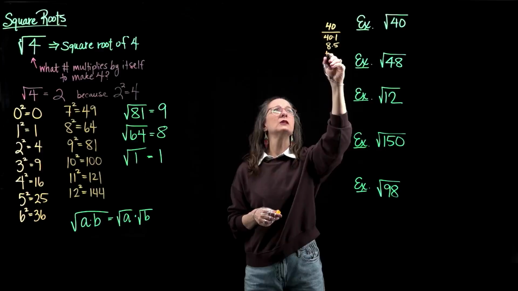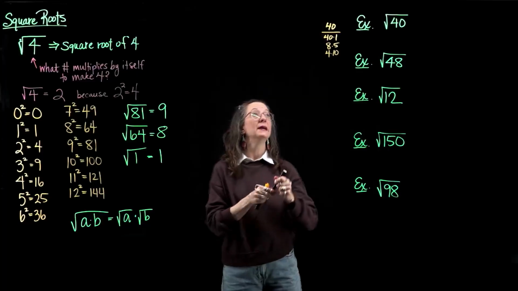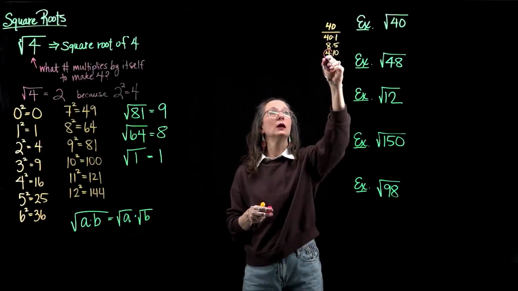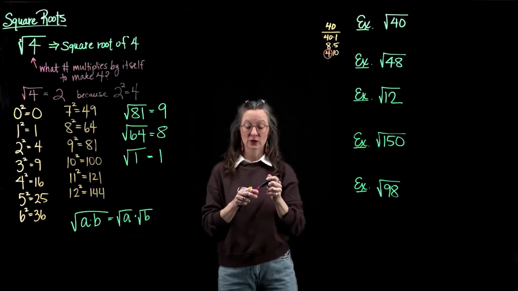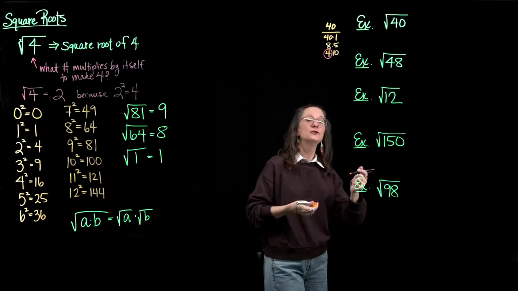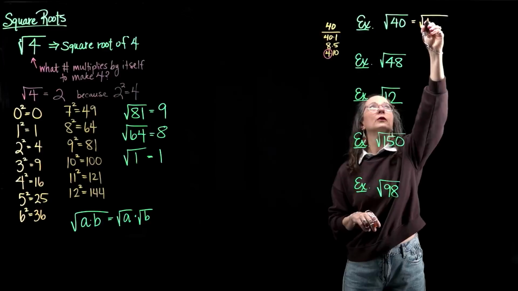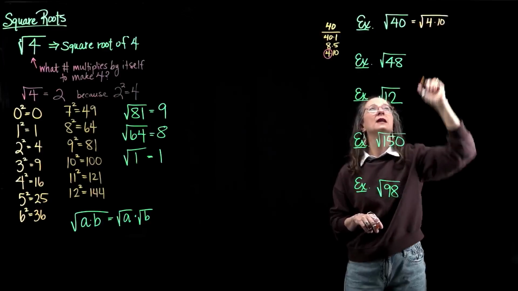But what if we wrote it as 4 times 10? That's helpful because 4 is a perfect square. So I'm going to rewrite the square root of 40 as the square root of 4 times 10.